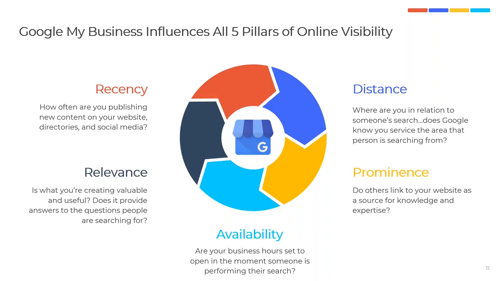First and foremost, distance is important, although that has been somewhat de-emphasized based off a recent update in November of last year, where Google essentially said relevance seems to be much more prominent than distance. Certainly still a factor, but having relevant content on your Google My Business page as well as your website are things that blend into that search engine optimization.